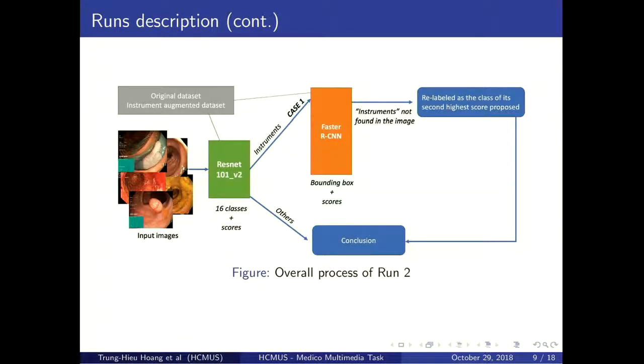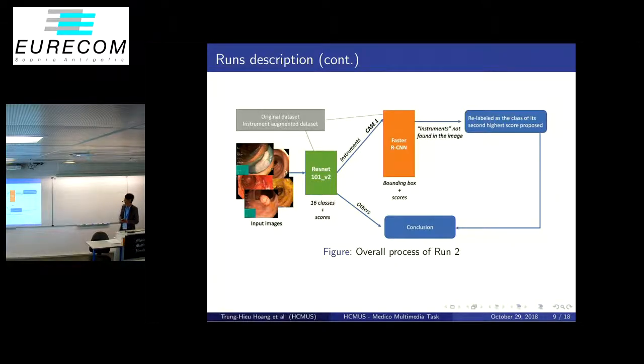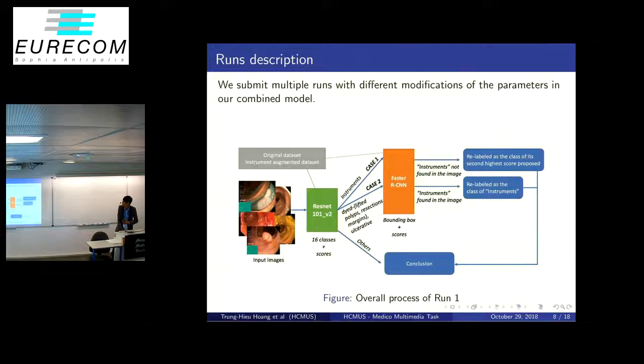And here's our second run. Because the faster RCNN took a lot of time processing the image, we limited the number of images going through it by ignoring the second case compared to the first run.